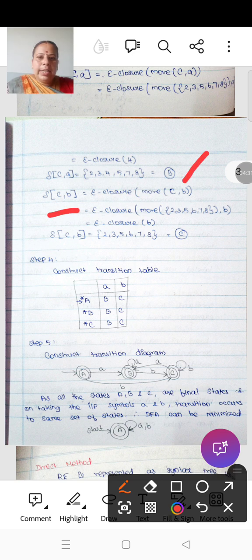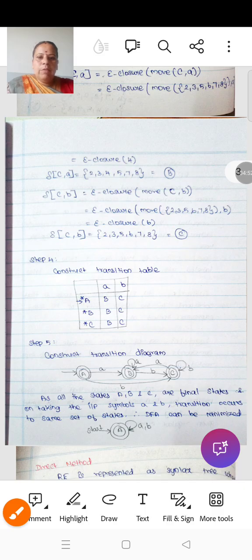And finally, the transition function of C with b is the epsilon closure of 6. The epsilon closure of 6 is state C, also an existing state. So we have completed state A, state B and state C. There is no more new state.